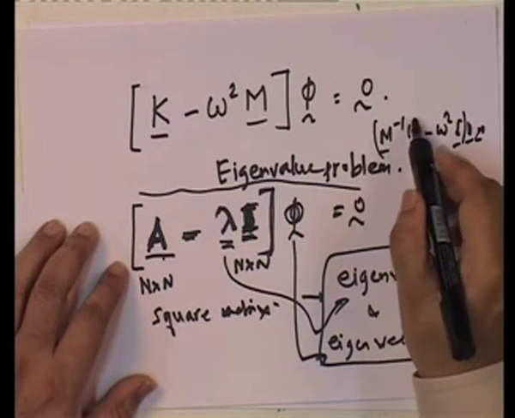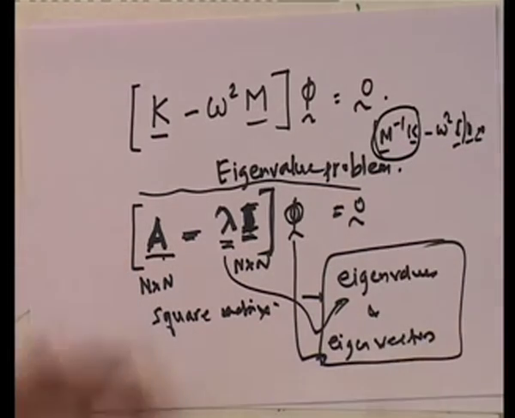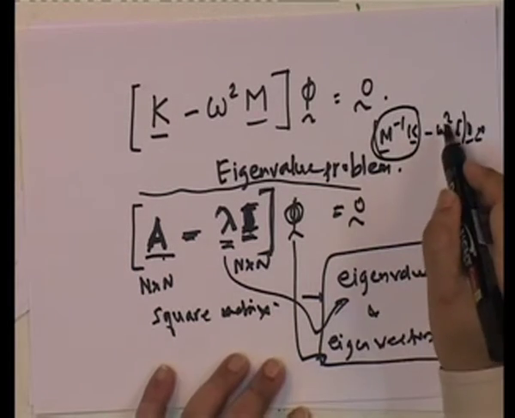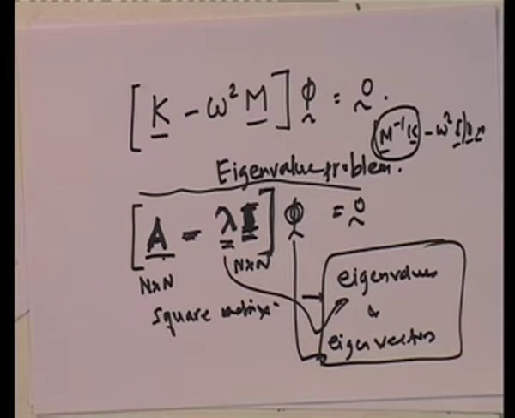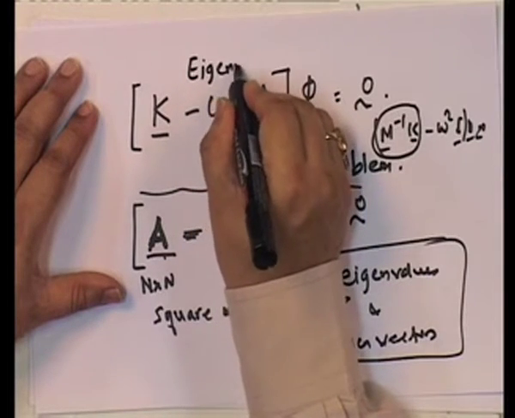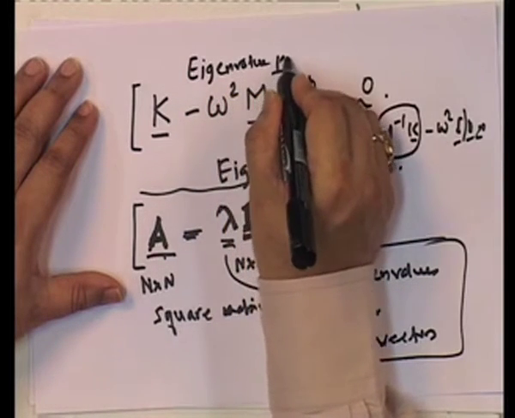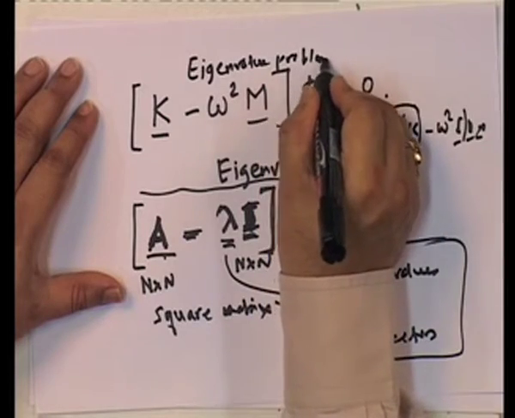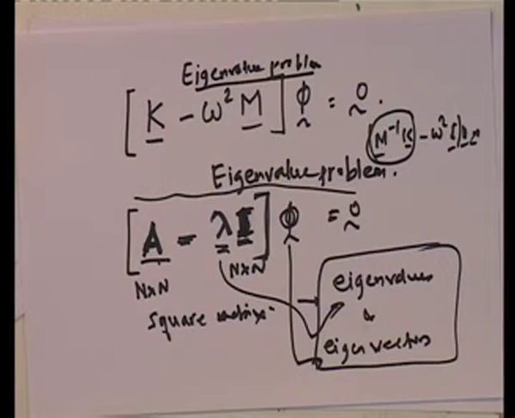So, you see the A matrix is m inverse k and omega squared is like an eigenvalue. So, this problem is also an eigenvalue problem.